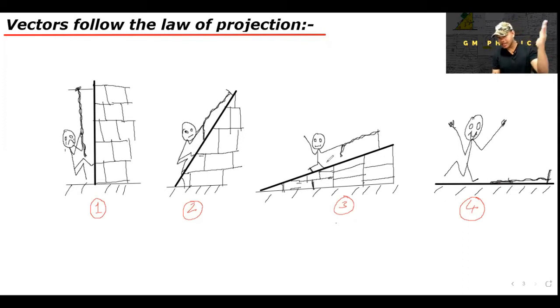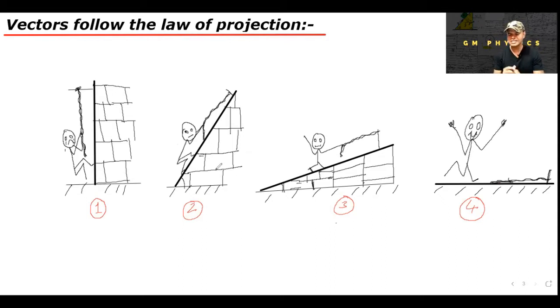In the third case, it has become even more inclined towards the ground surface. So out of these 3, in case number 3, it is easier than case number 1 and case number 2. So what is happening in case number 2, case number 3 and case number 4 is that it goes on becoming easier. But in the first case, it is the toughest.